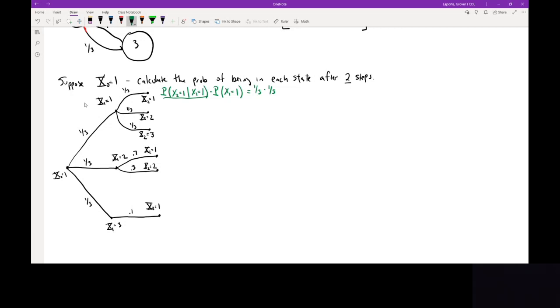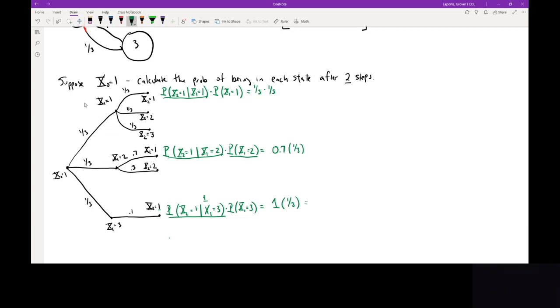In green, I have the probability that X2 equals 1 given that X1 equals 2, times the probability that X1 equals 2, so 0.7 times 1/3. The final one is the probability that X2 equals 1 given that X1 equals 3, times the probability that X1 equals 3, which is 1 times 1/3.